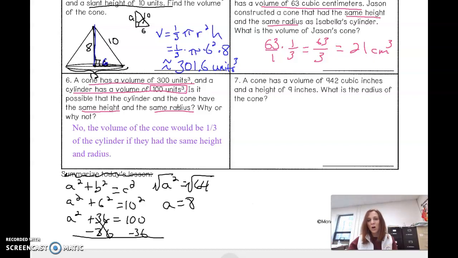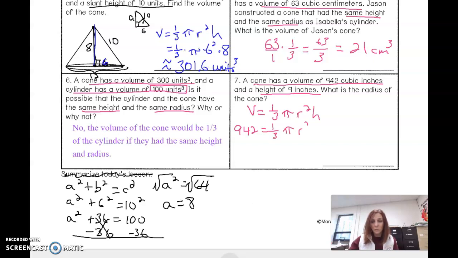All right, last one. A cone has a volume of 942 cubic inches and a height of 9 inches. What is the radius? All right, this is solving an equation. Here's our formula. Find out what you know. We know that the volume is 942.